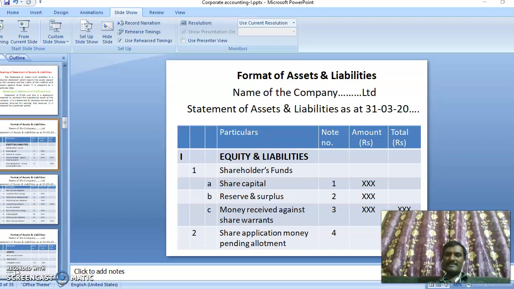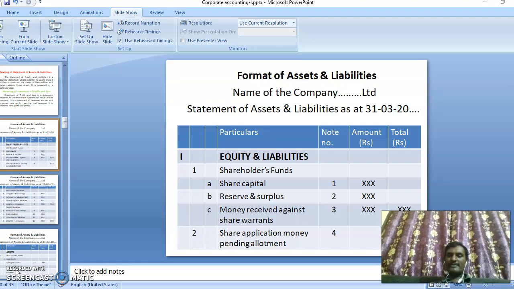As per Schedule 3 Part 1 of the Companies Act 2013, it is mandatory to maintain the vertical form of balance sheet, and the format is like this. First of all, the balance sheet has to be divided into two parts.